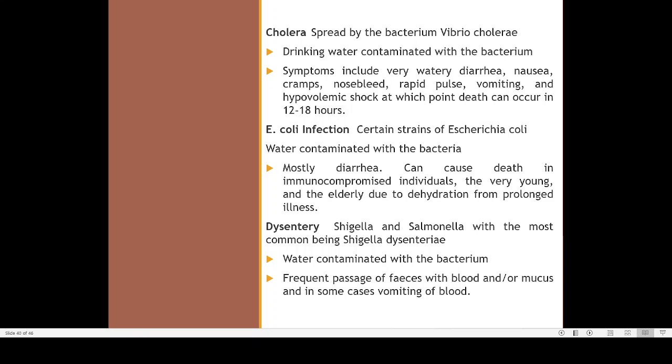Then you can see the complications: dehydration, the rectum may come out, which is known as rectal prolapse, seizure, the person may become unconscious, hemolytic uremic syndrome, and then toxic megacolon. So these are all complications caused by Shigella infection.